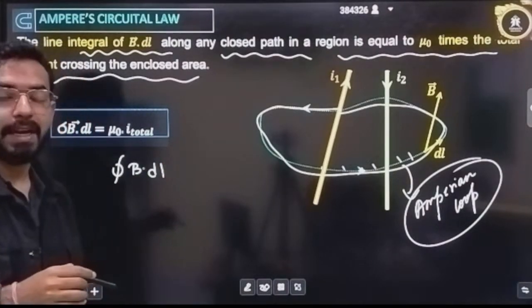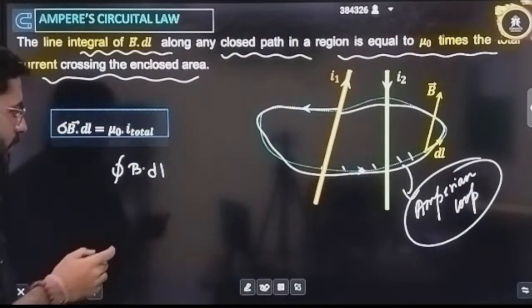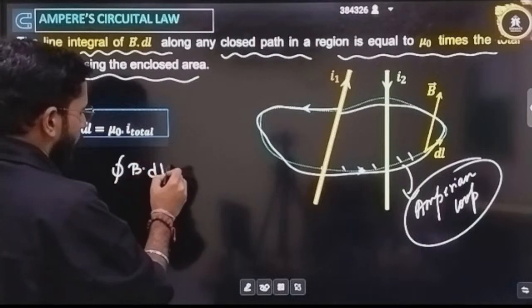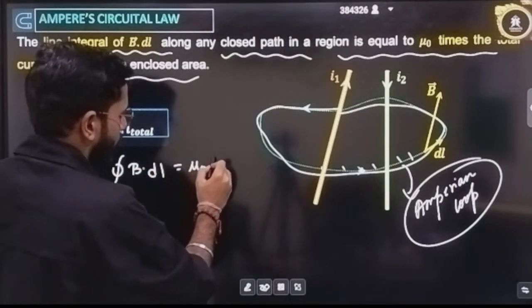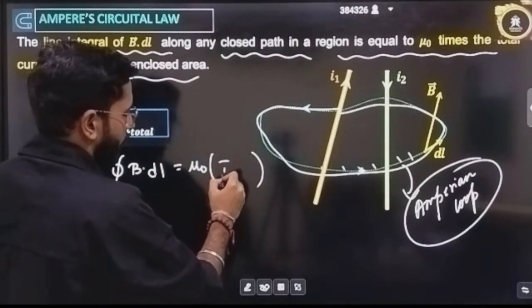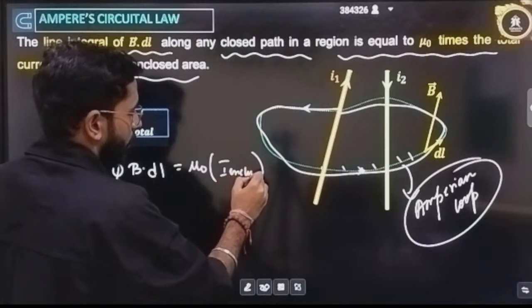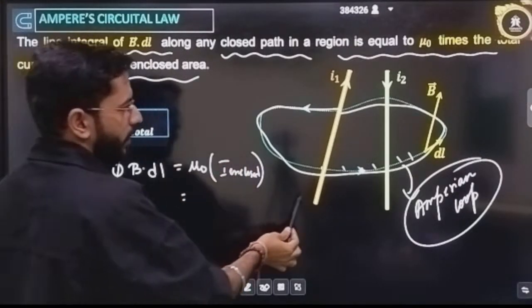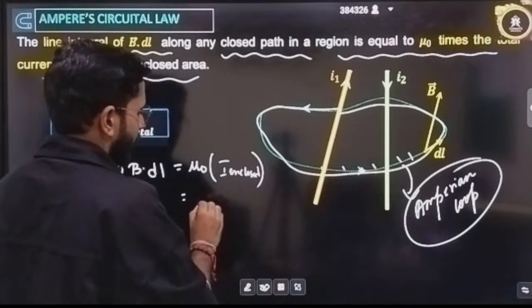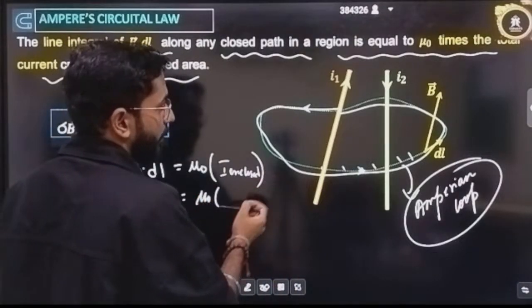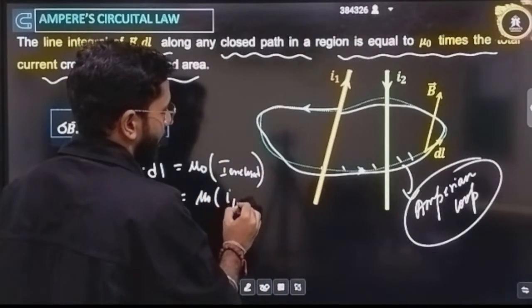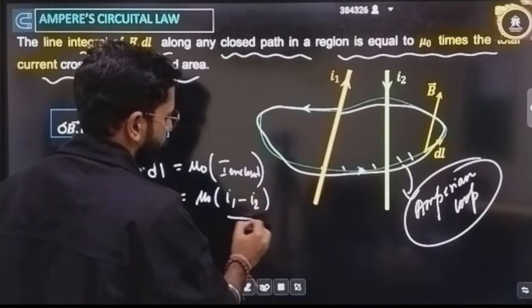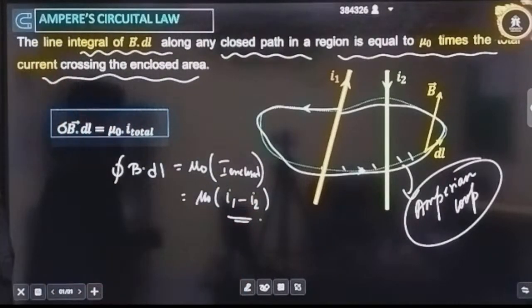In electrostatics it was an area integral; here it is a line integral. The line integral of B dot dl is equal to mu naught into the net current flowing inside. Since one current is going upward and one is coming downward, you can write the net current as I1 minus I2.